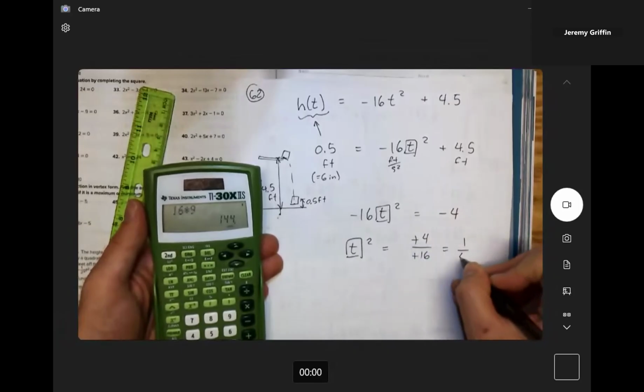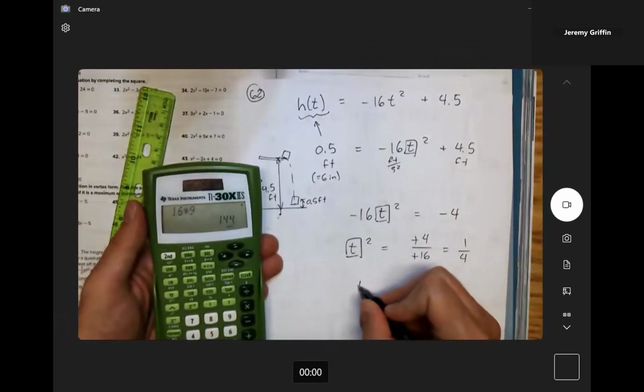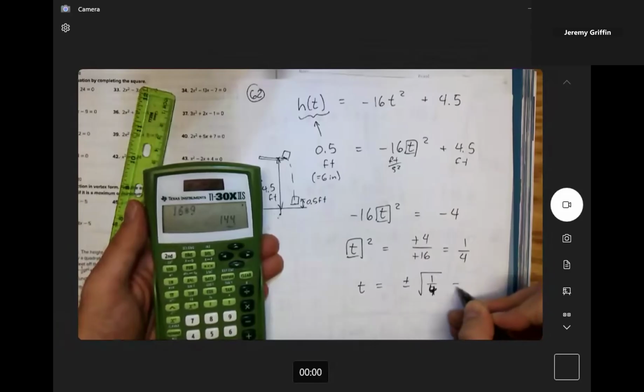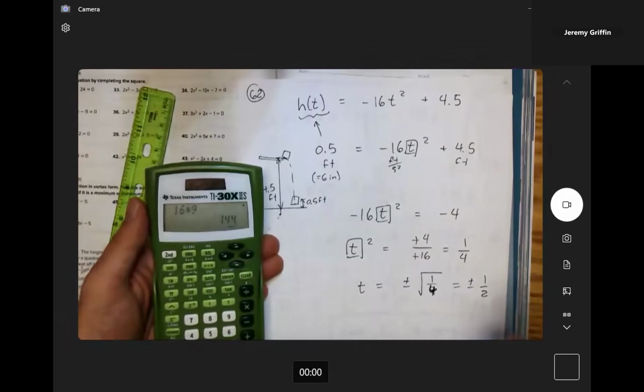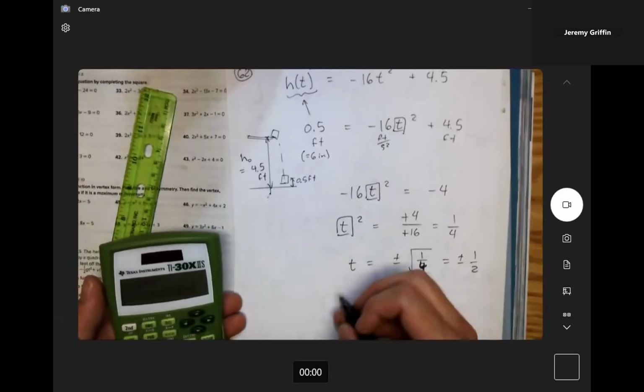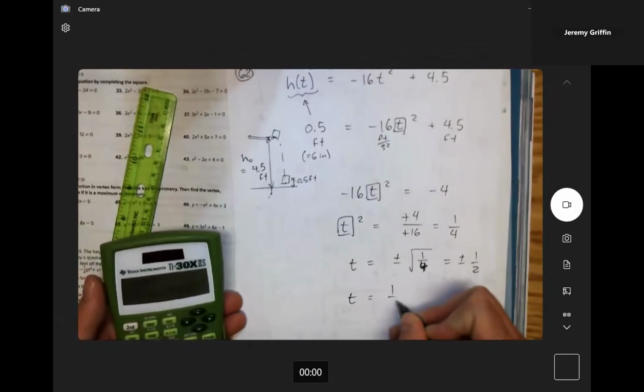This is the same thing as 1 over 4. Square root both sides. t equals, now normally I'd say plus or minus, and the square root of a quarter is a half, which is plus or minus 1/2, right? But it doesn't make sense to think about catching the glass backwards in time. So it's just 1/2 of a second.